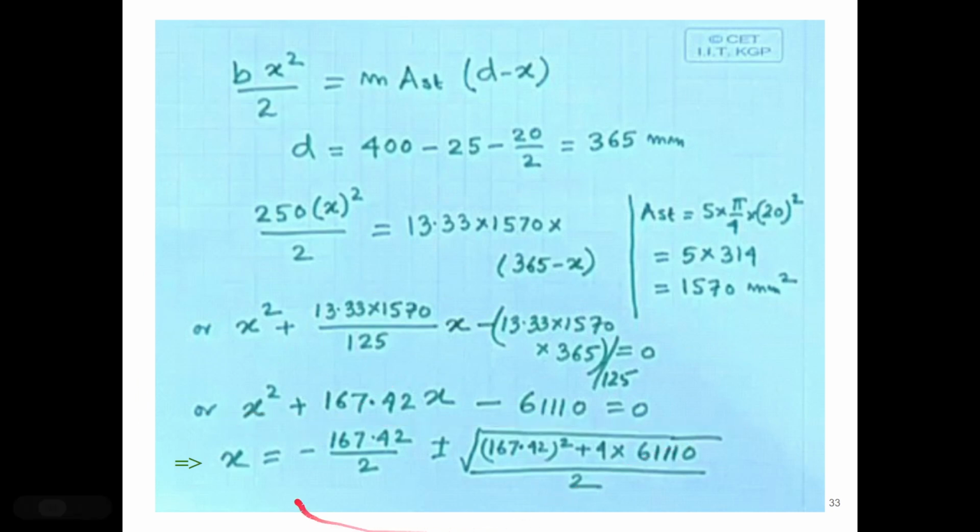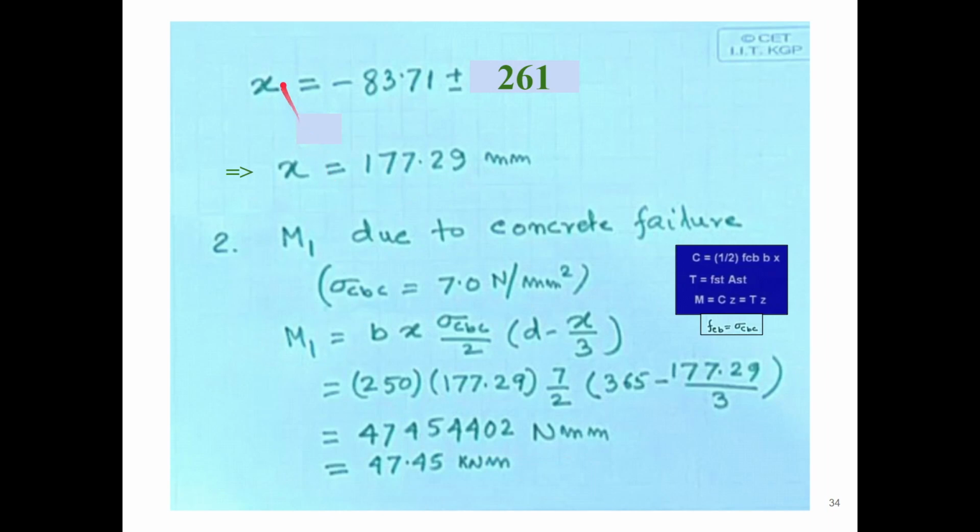Using the Sridharacharya formula, you will find that x is equal to minus 167.42 divided by 2 plus minus square root of 167.42 whole square plus 4 into 61,110 by 2. Ultimately it comes as x equals minus 83.71 plus minus 261. It cannot be negative, so minus 83.71 plus 261 basically comes to be x equal to 177.29 mm.